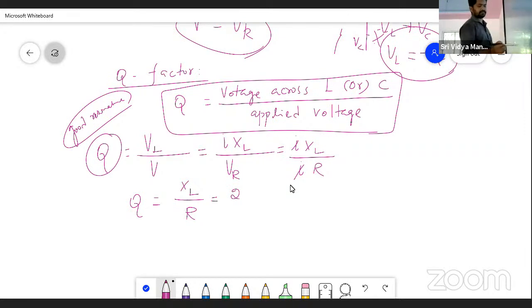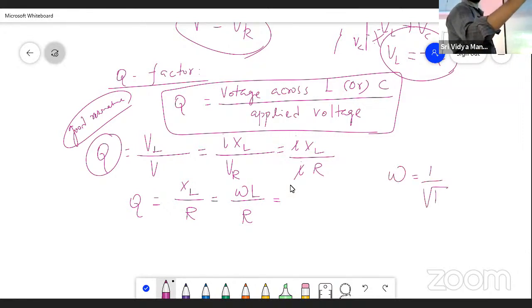XL is equal to omega L, you know well. So Q is equal to omega L divided by R. At resonance, omega is equal to 1 divided by square root of LC.